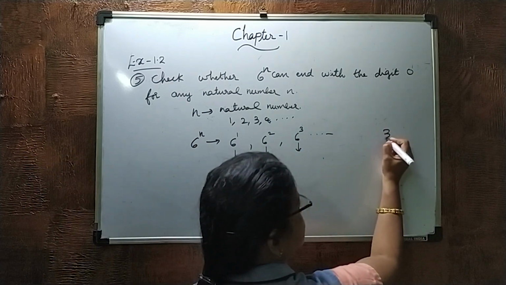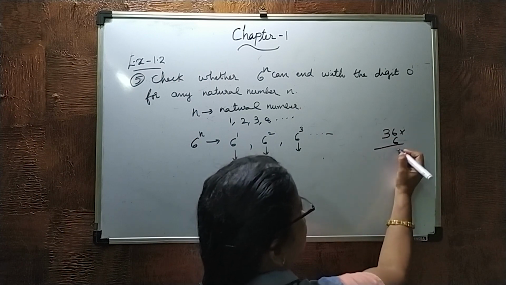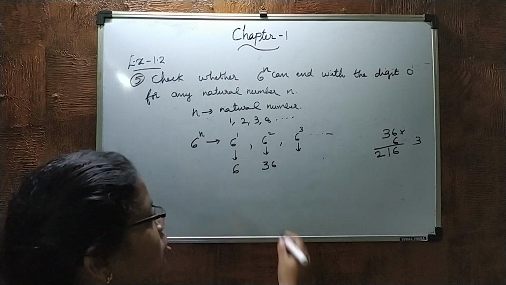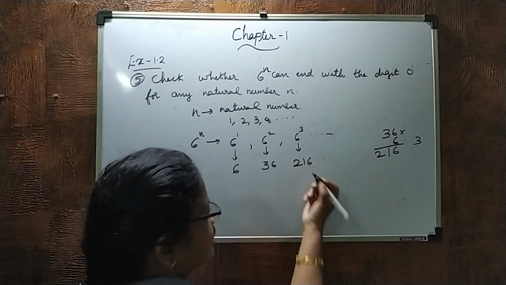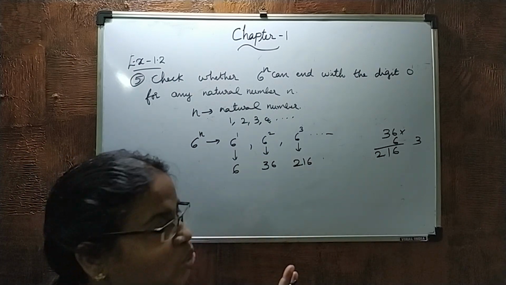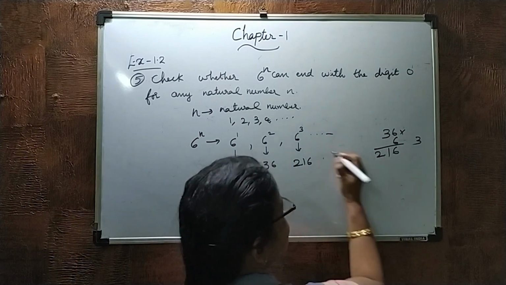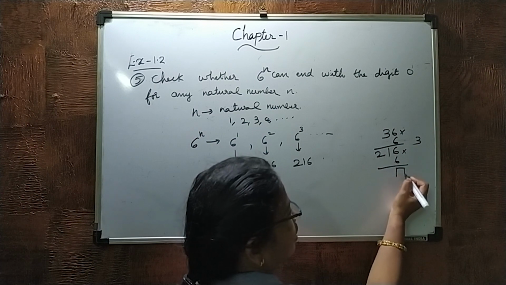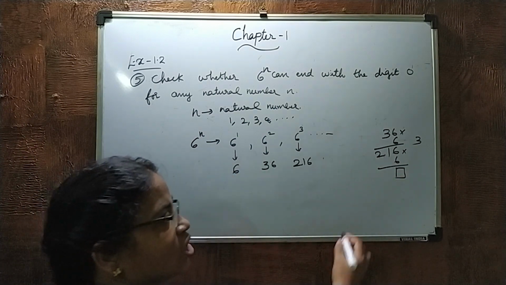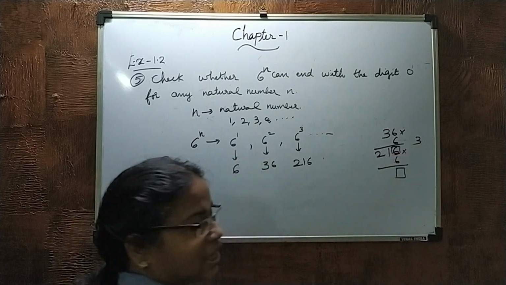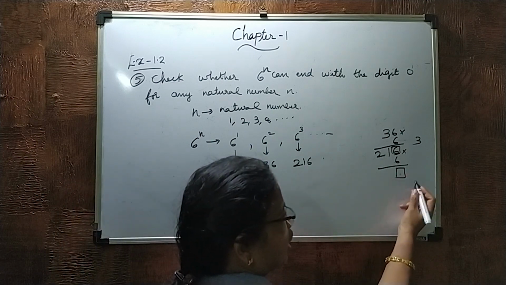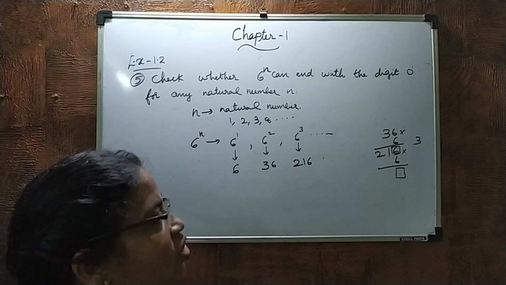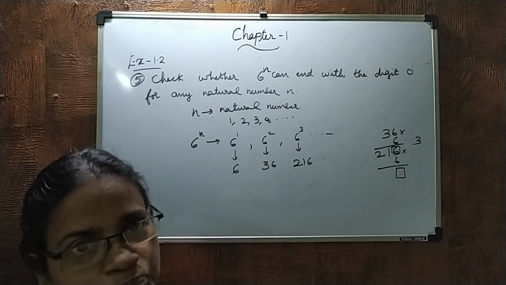It is 36 into 6, it is 216. You can just use your common sense, because 6 raised to 4 means into 6 again. Always in the ones digit, 6 only comes. Here also 6 will come. Again into 6, the ones digit will be 6 only. It will not come as 0.